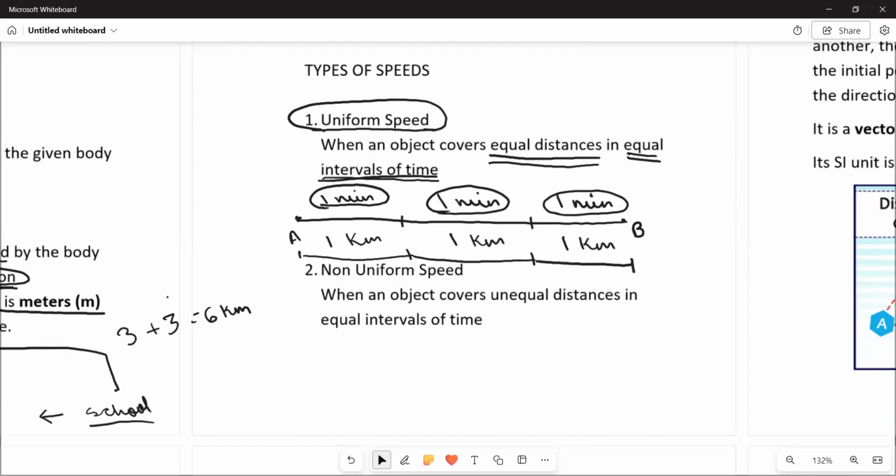Okay. So now what if unequal distances are covered in equal intervals of time? What will happen? In that case, we'll call it non-uniform speed.